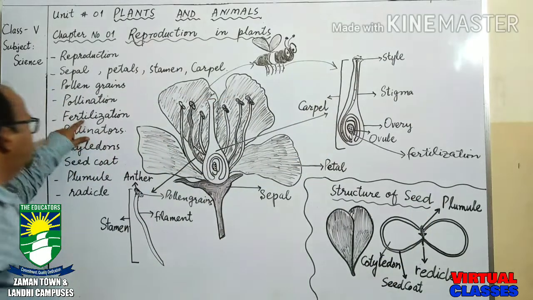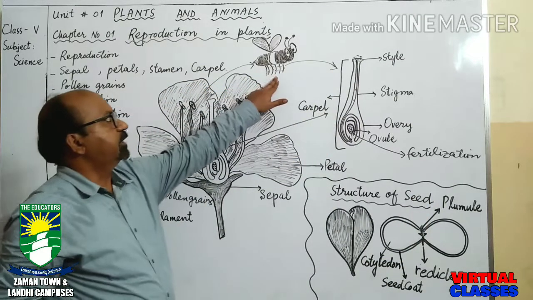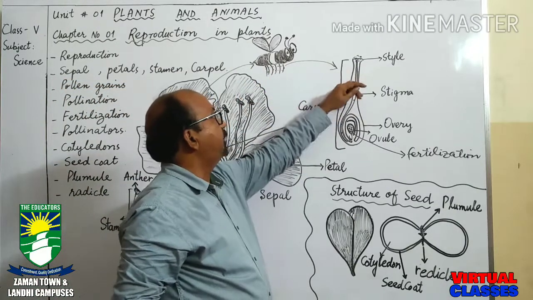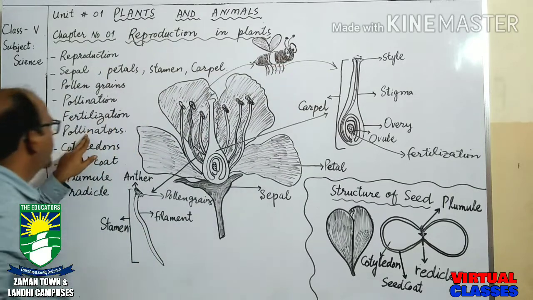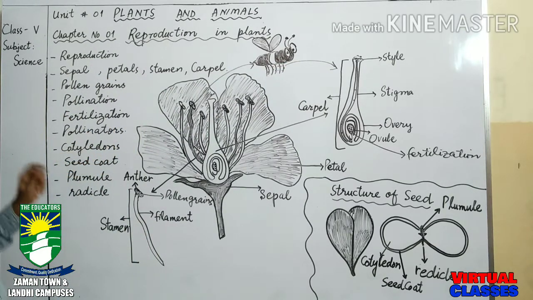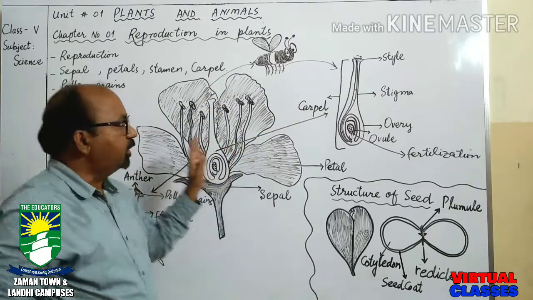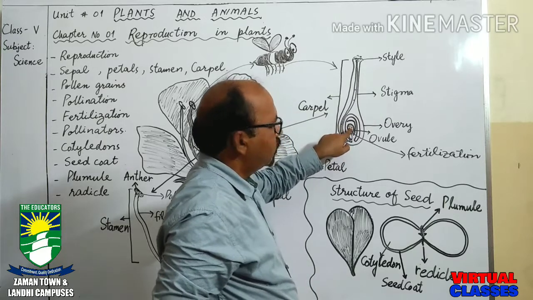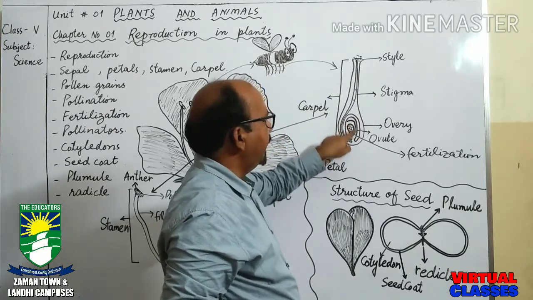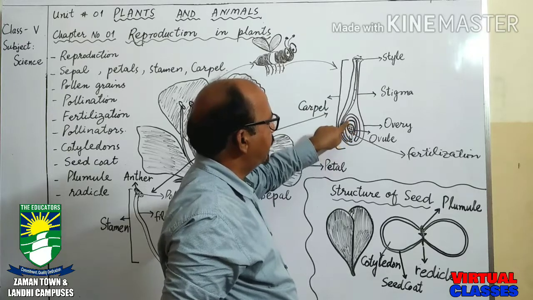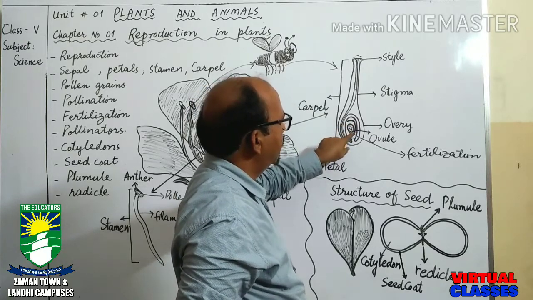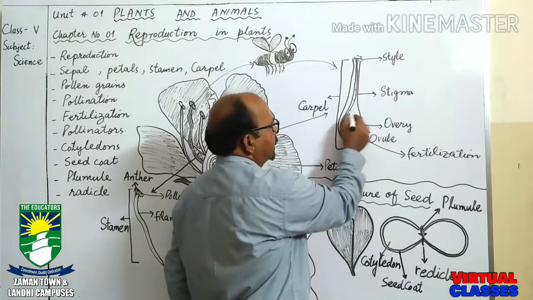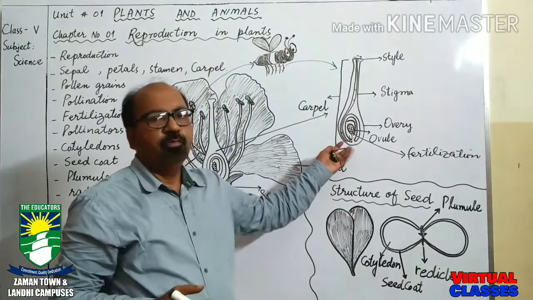The agent which transfers the pollen grains from one flower to the carpel of another flower is called a pollinator. After the process is completed, the ovule changes into a seed, and the ovary ripens into fruit.